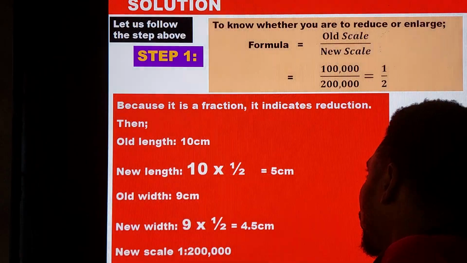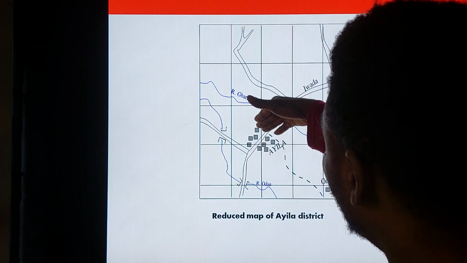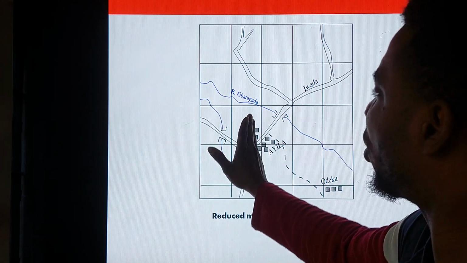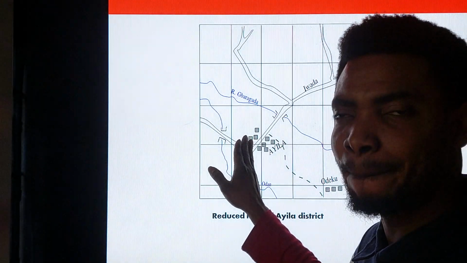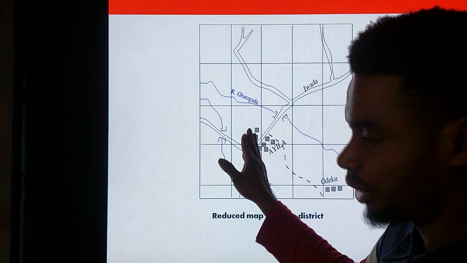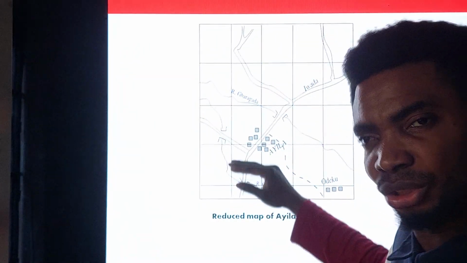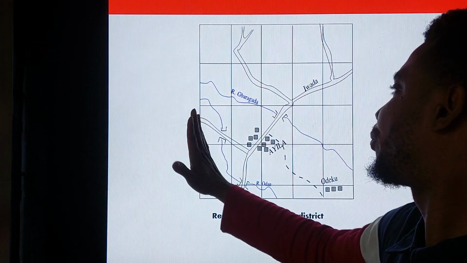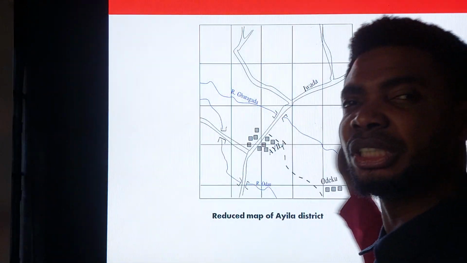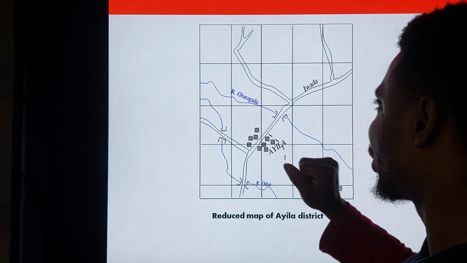The same thing here. This is the second grid, either from the southern part towards the northern, or from the western part towards the eastern part. This is how it's located.